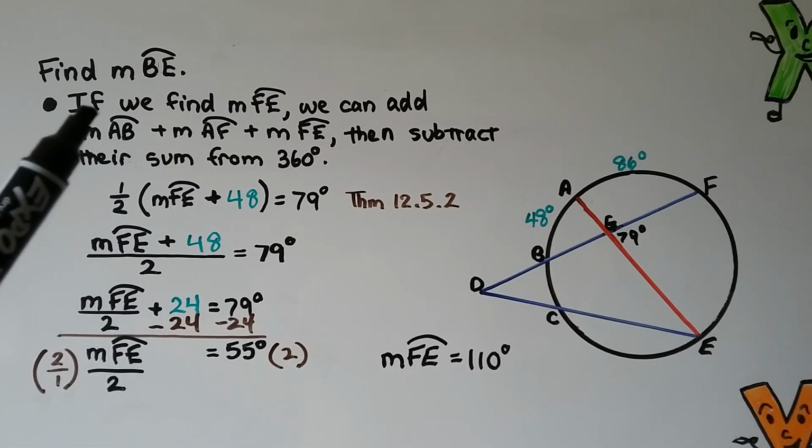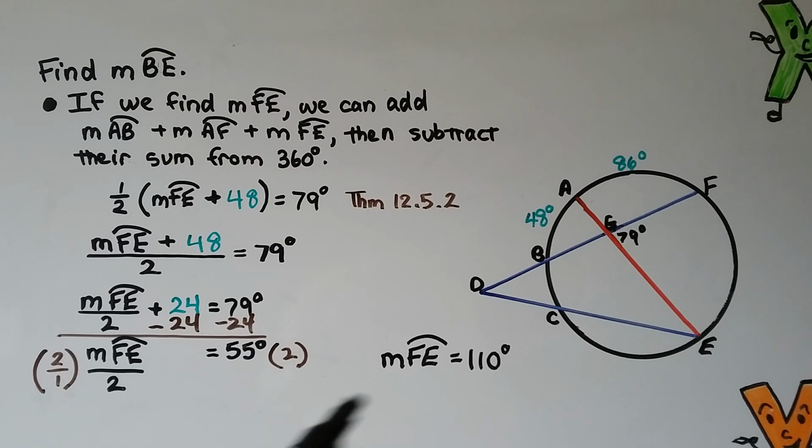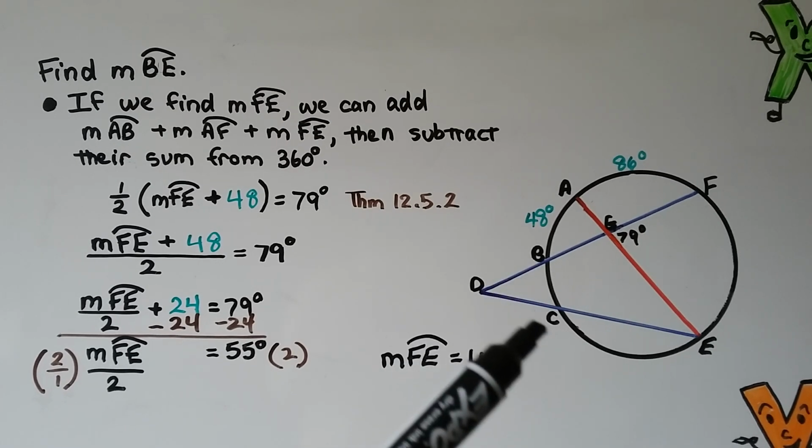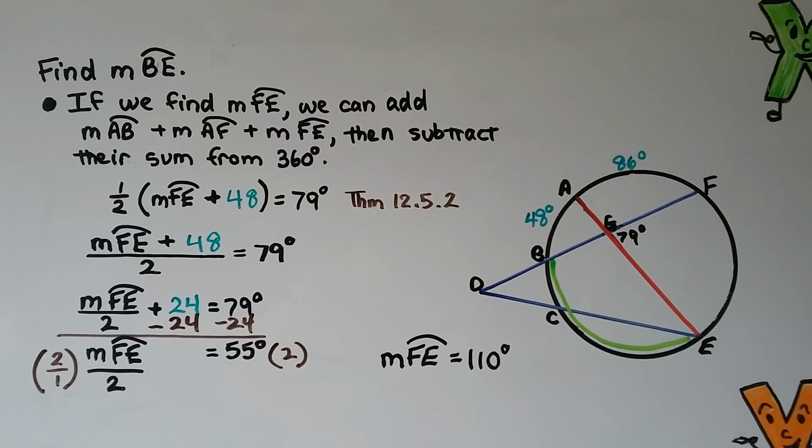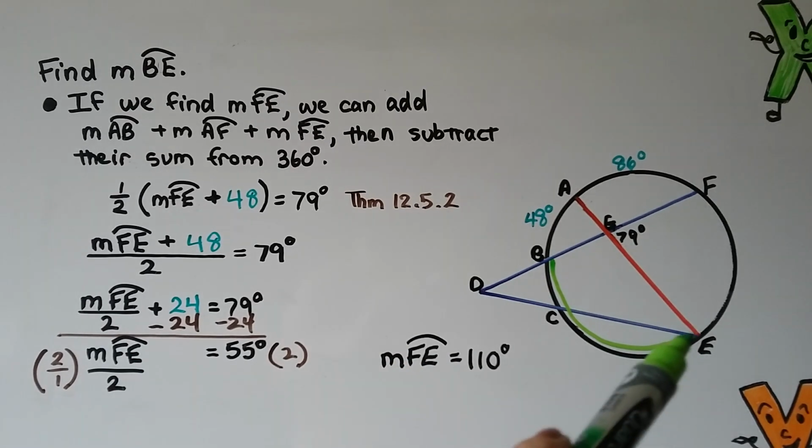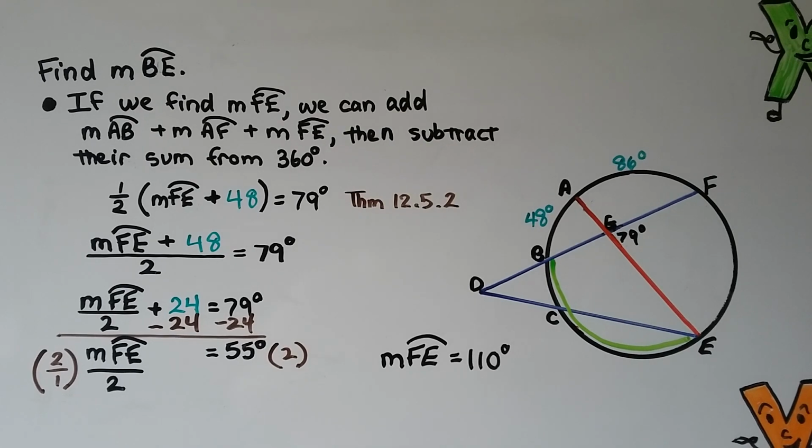Now, for this one, we need to find the measure of arc BE. So it's going to go from B all the way here. So we're trying to find this lime green arc measure. And it's telling us that arc AB is 48 degrees and arc AF is 86 degrees.